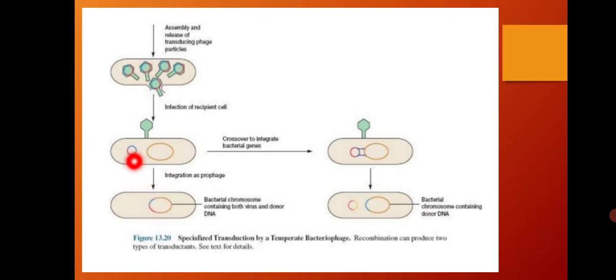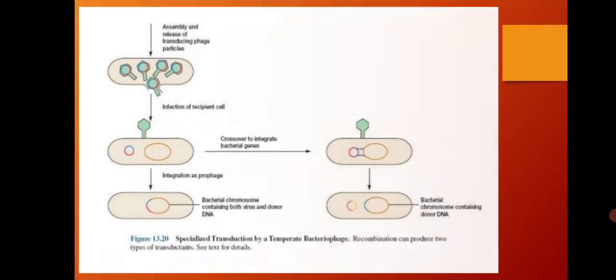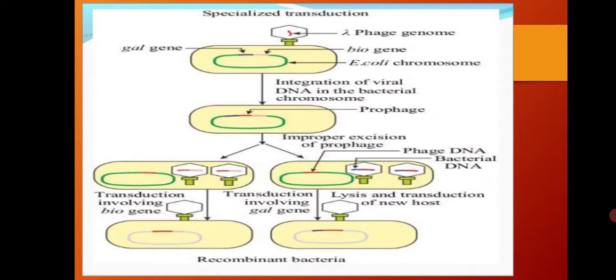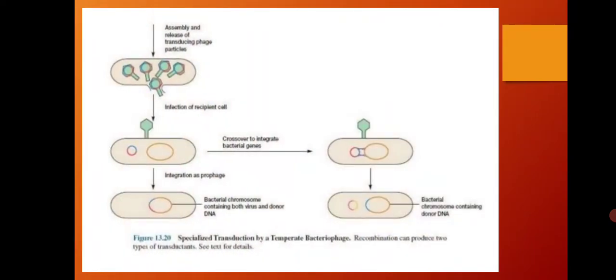This is the donor DNA, which contains both the phage genome and the bacterial genome. This whole genome gets incorporated, and what is shown in yellow is the genome of the recipient cell. So that is about specialized transduction. The mechanism of generalized and specialized transduction is the same. I hope both processes are clear to you.